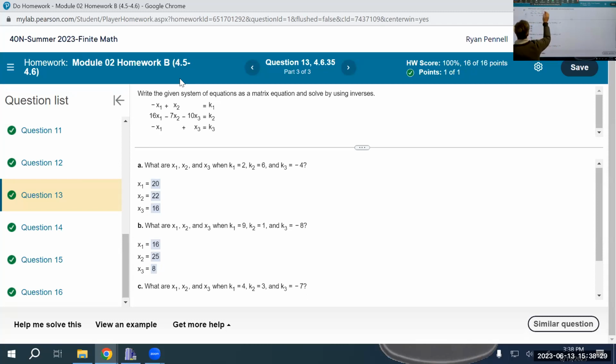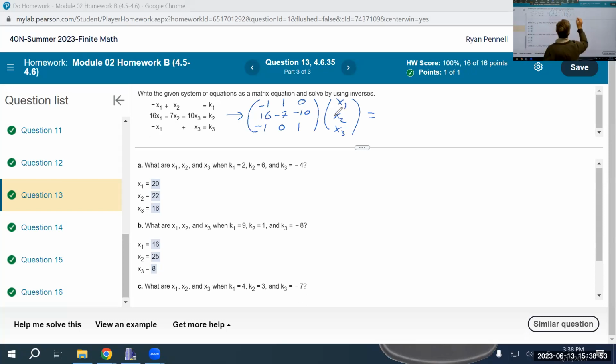You just have to note that you're going to make your coefficient matrix -1, 16, -1, 1, -7, 0, 0, -10, 1, times x1, x2, x3, equal to a1, a2, a3.